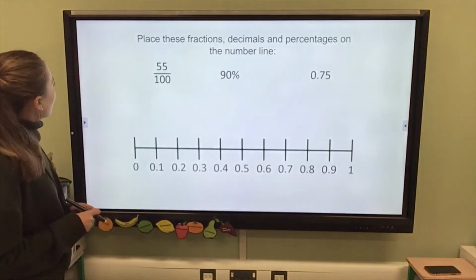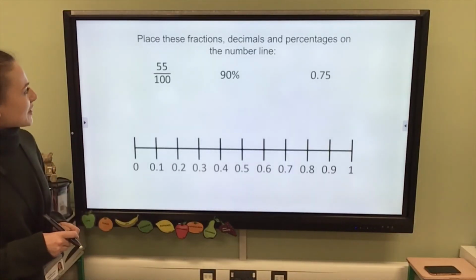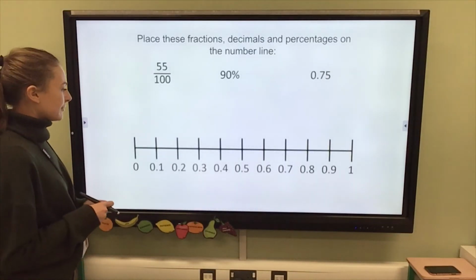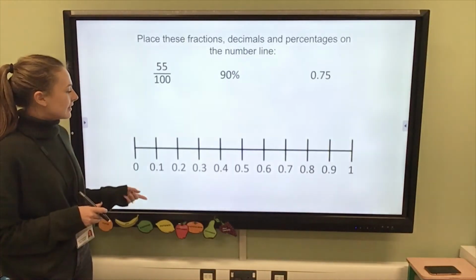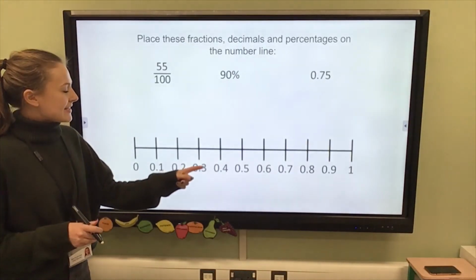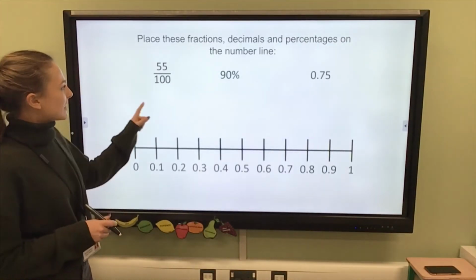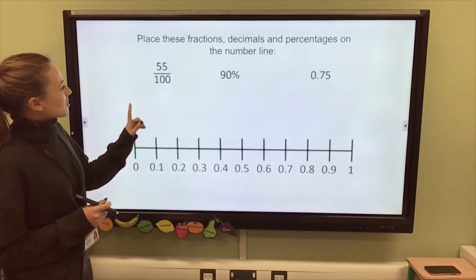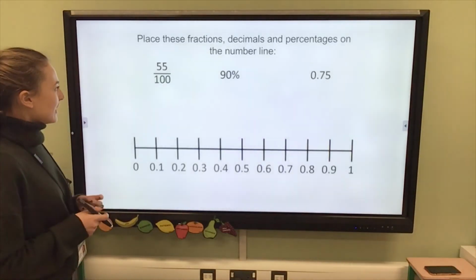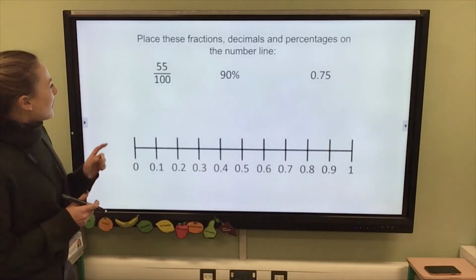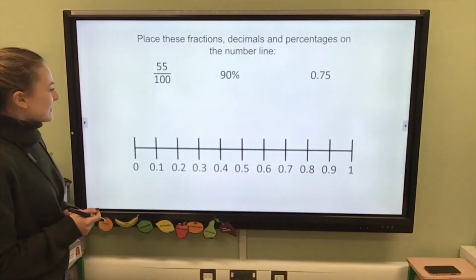So next, I would like you to place these fractions, decimals and percentages on this number line. So here's the number line, but my number line, as you can see, is in decimals, and not all of my quantities up here are decimals, are they? I've got a fraction, I've got a percentage, and then I've got a decimal over at the end. So I'm going to have to convert these two into decimals, aren't I?